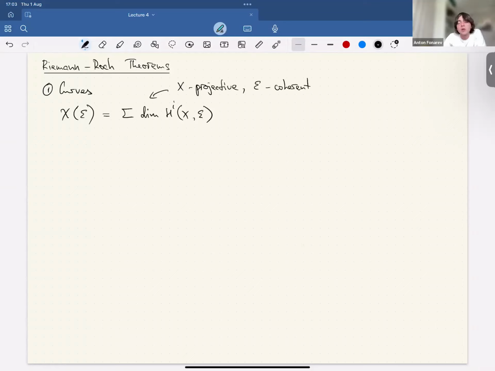So this is a map from where to where? Well, the right-hand side belongs to Z. But actually, you can always form quite a funny group. So this is an observation.